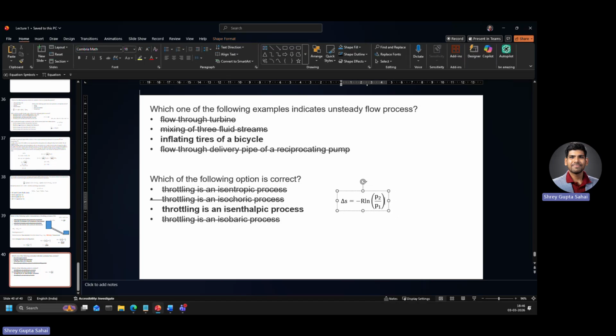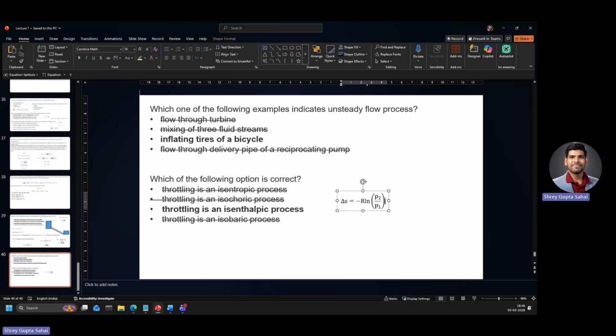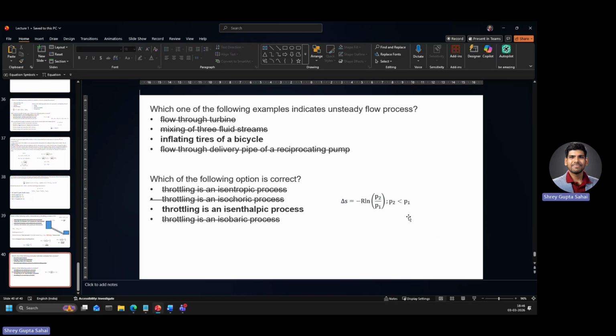So for a throttling process, we can actually show that this is an irreversible process where entropy increases. Okay, so this is important. And let me here just quickly write for people that P2 is less than P1. Okay, so again, this is also okay. Maybe we'll move to the next question now.